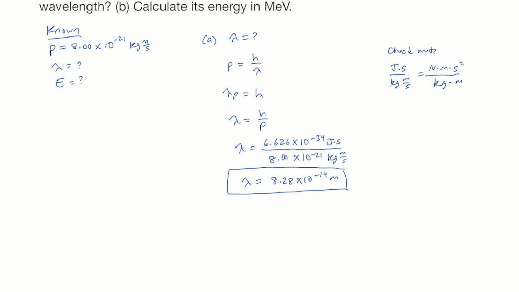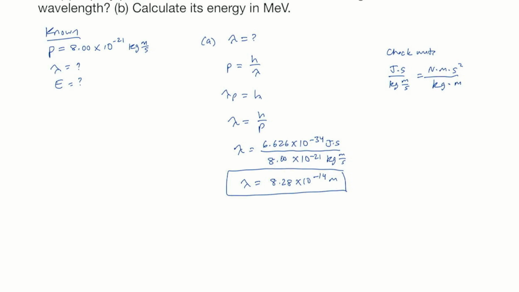We can cancel the meters. We can rewrite the Newton as a kilogram meter per second squared. Then we have seconds and kilograms left over from before. And then we can cancel the kilograms and the seconds squared. And we are left with meters. Okay, so there's part A.